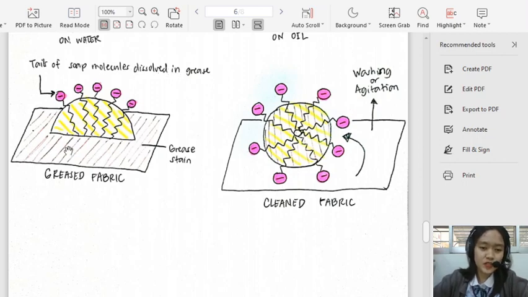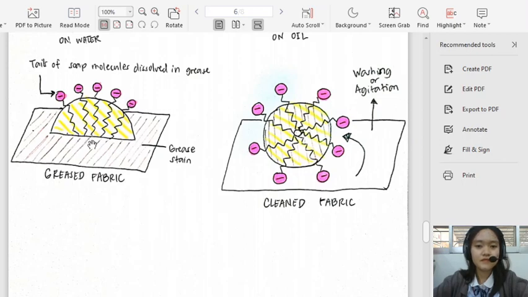Bakit? Because your grease is oil, di ba? And the tails of the molecules of soap are actually oil loving, okay? Or hydrophobic sila. So didikit sila doon sa grease found in the fabric.